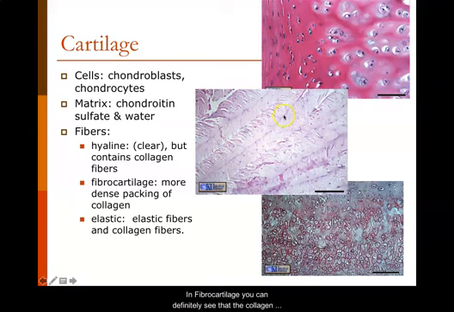In fibrocartilage, you can definitely see that the collagen fibers are a little bit thicker and they tend to be packed and stacked in a very organized way.